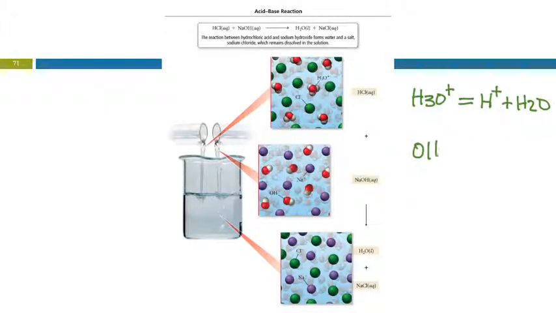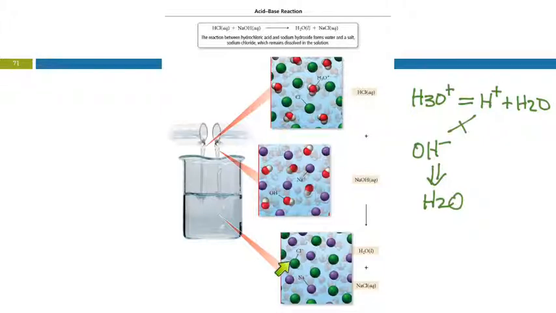So when this combines with hydroxide, the hydronium says, oh, here, you take the hydrogen ion. And this water goes off by itself. These two get together and form another water molecule. Probably the crappiest explanation of that I've ever done.